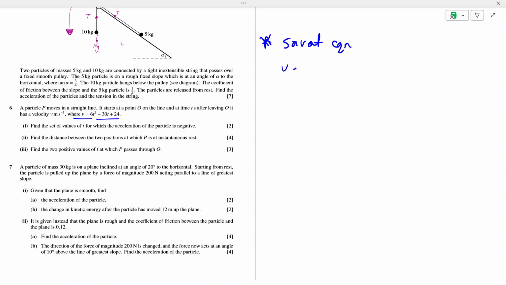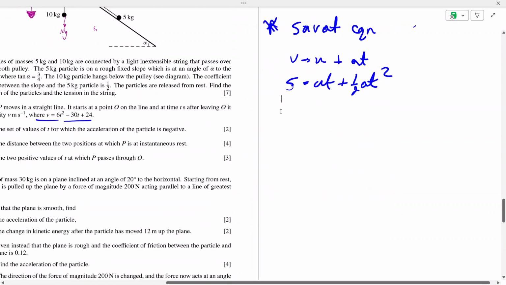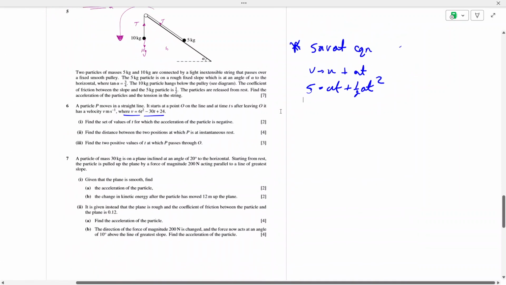If you know what those are, v is equal to u plus at, s is equal to ut plus half at squared, the equations.